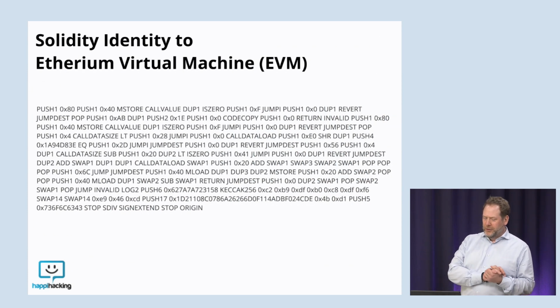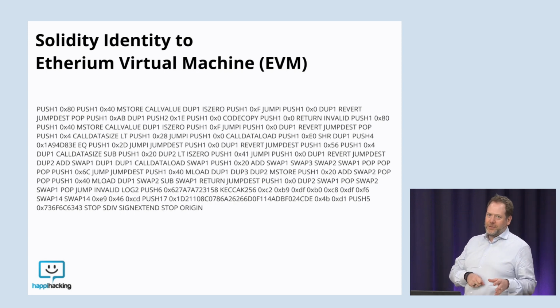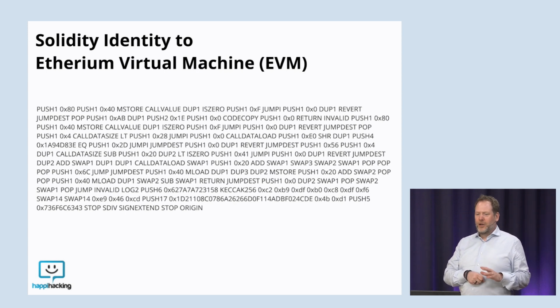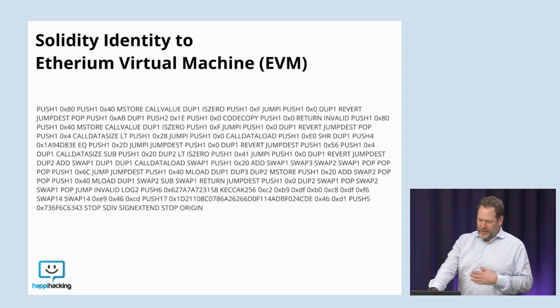If we compile the Solidity identity function to the Ethereum virtual machine, the EVM, then we get this nice bytecode. It's full of push and pop and calls and swaps and a lot of instructions. So the Ethereum virtual machine is very low level. It's sort of based on how a CPU works more than anything else.